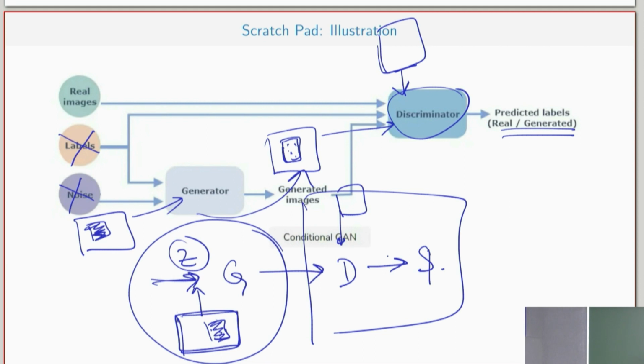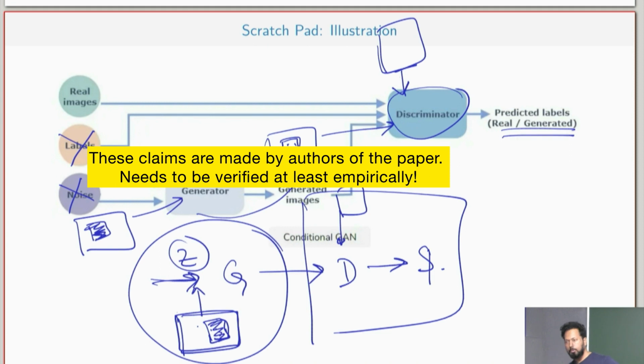What could be the problem here? Why didn't they go with this purely conditional GAN approach? Because the discriminator might learn the semantic boundary very quickly, and no matter how good the generator does, just based on the boundary it will say everything you are producing is fake.